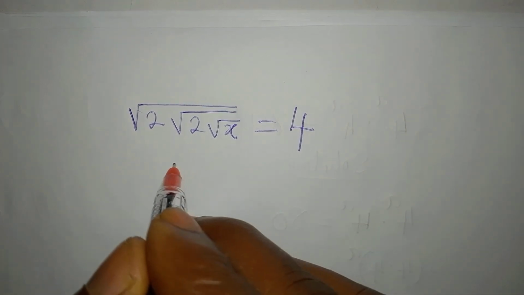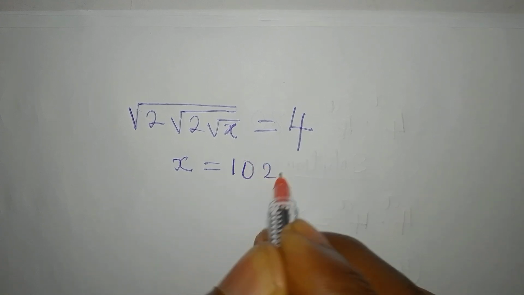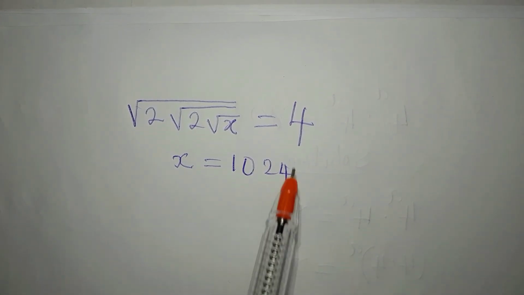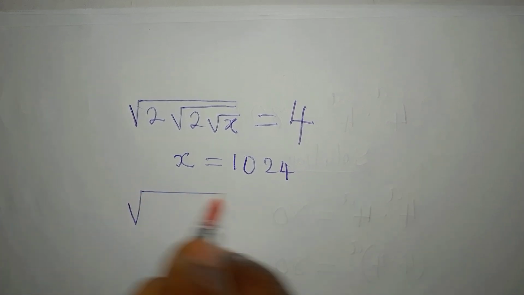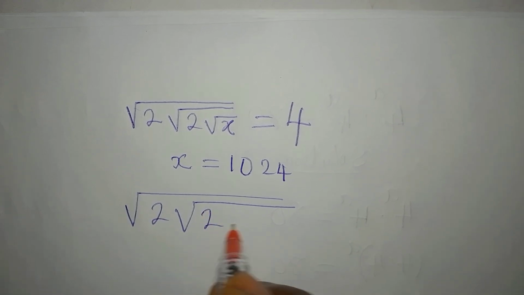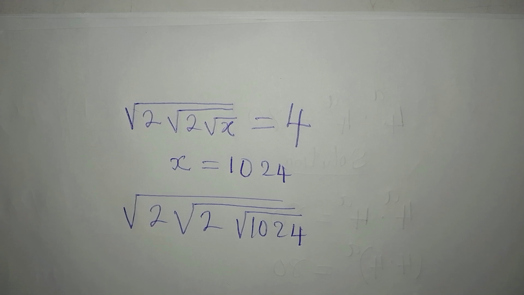Okay, remember that our x is 1024, right? So now let's put it here and see if we're going to have 4 at the end of the day. So we have the square root of 2, the square root of 2 again, then the square root of 1024.